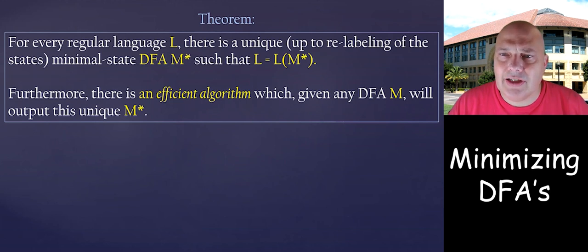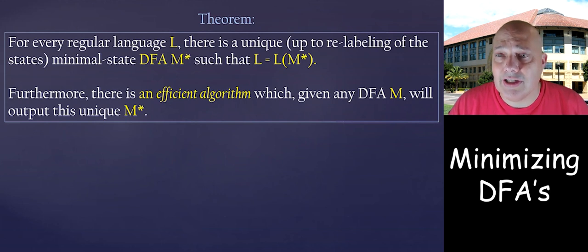So let me stay a little with this notion that the minimal-state DFA is unique. You see that it's unique up to relabeling of the states, renaming. The point is that every DFA can be changed to another DFA that does the same thing by just renaming states.